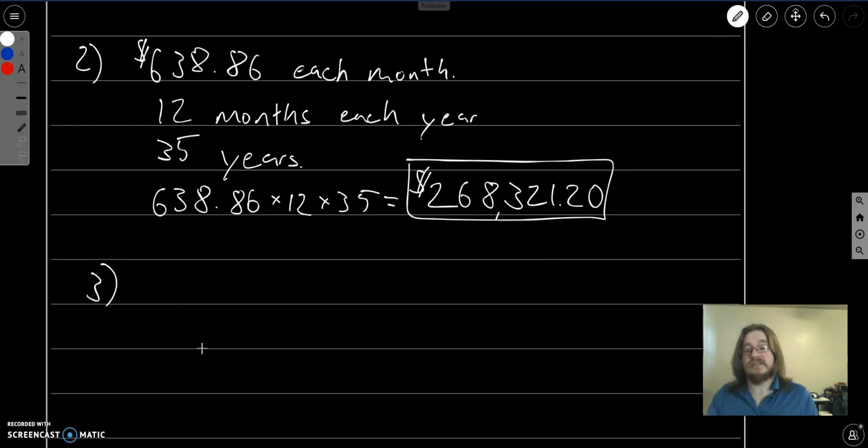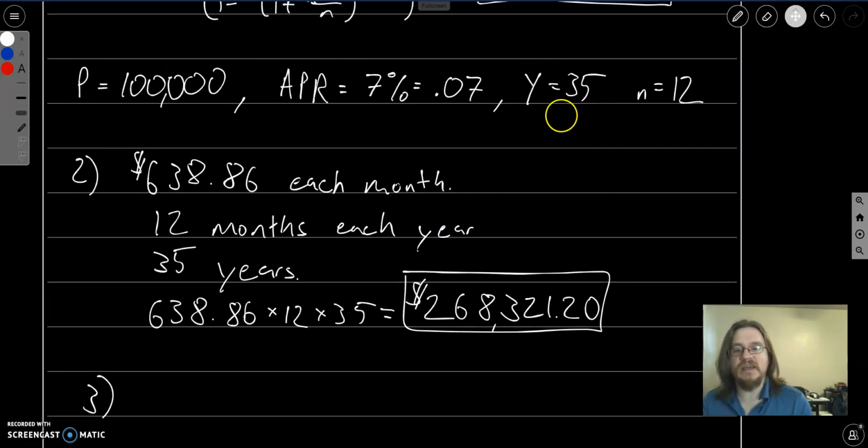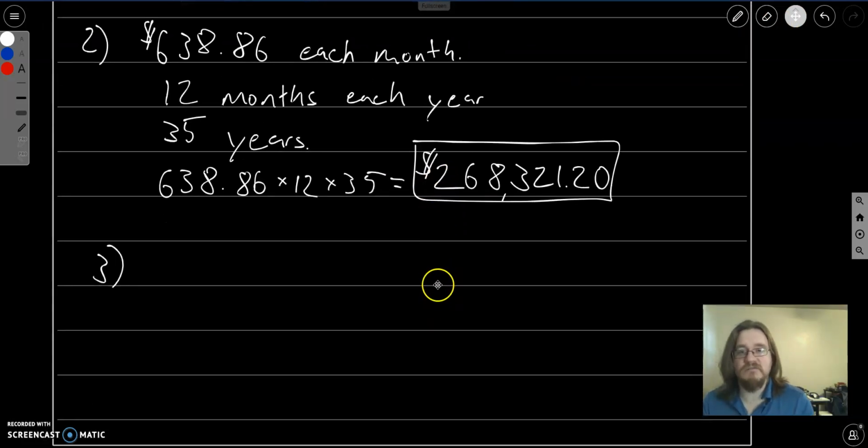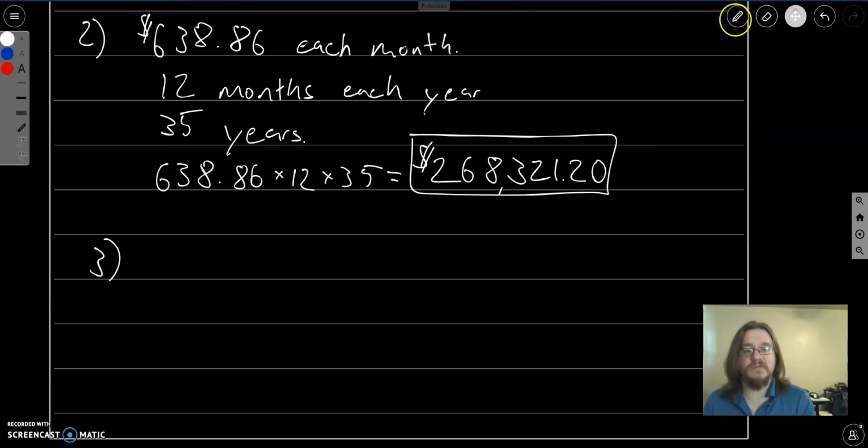But sometimes it's necessary to take a loan when you need that money. So this sort of thing is inevitable, and one of the reasons that we're learning about this is so that you can understand exactly how much you're going to be paying, and exactly how to calculate this to make sure that you get the best deal that you can.